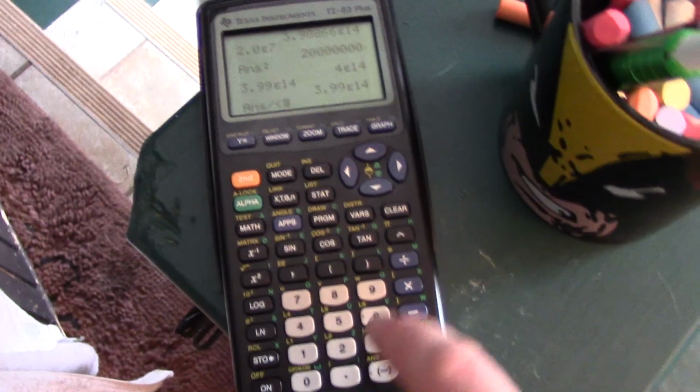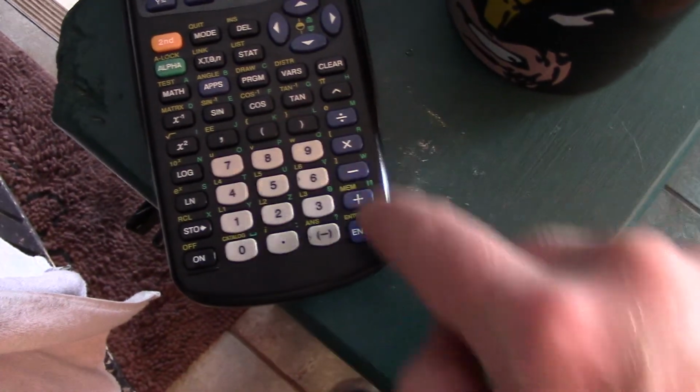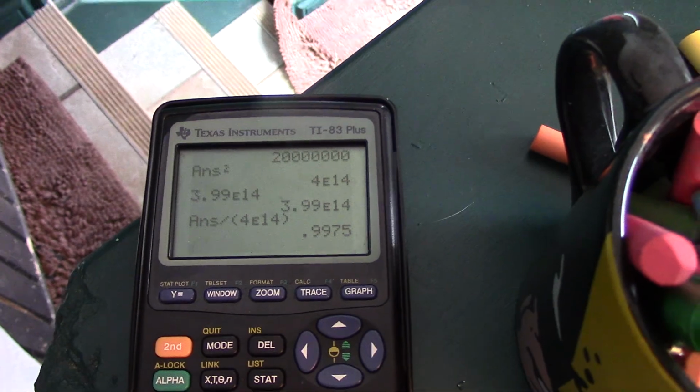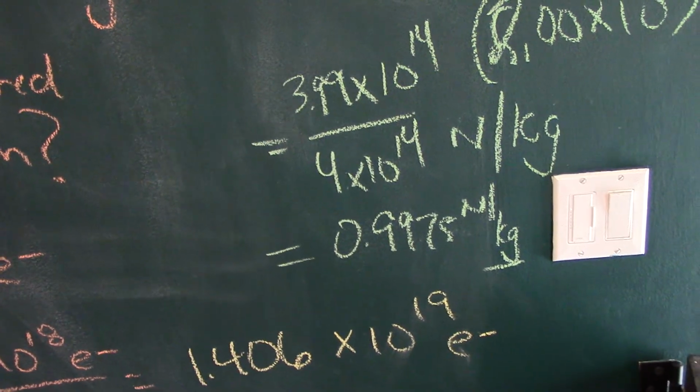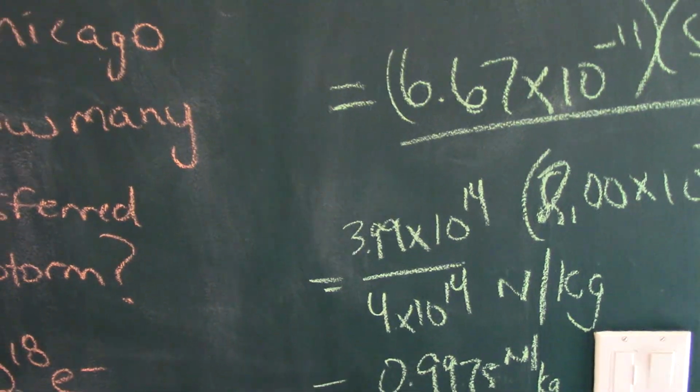So 3.99 e 14 divided by 4. My gravitational field strength is 0.9975 newtons per kilogram. So relatively strong. That's how I would solve for that. You can do those other practice examples in here as well.